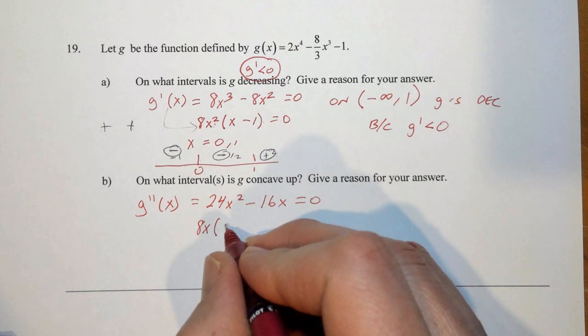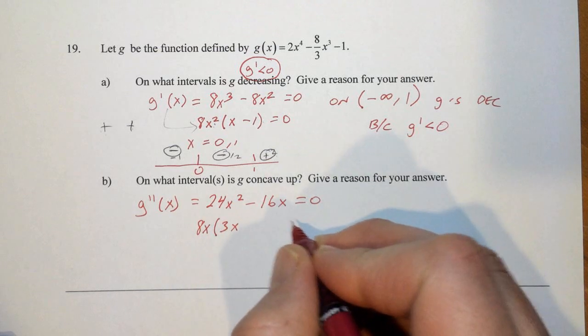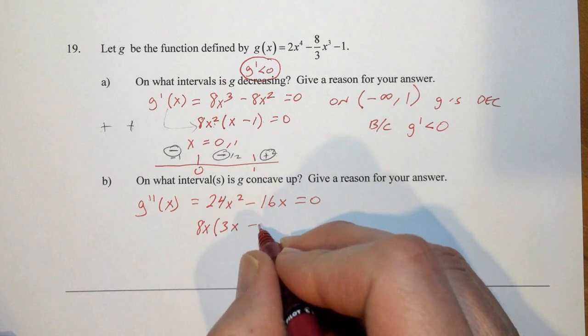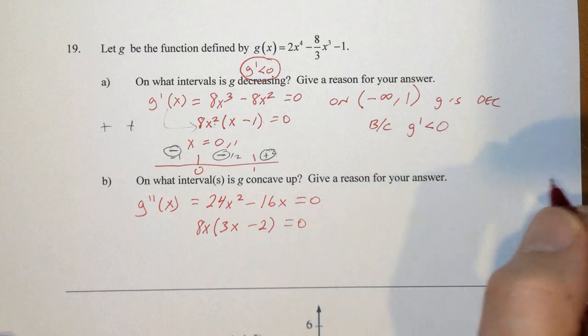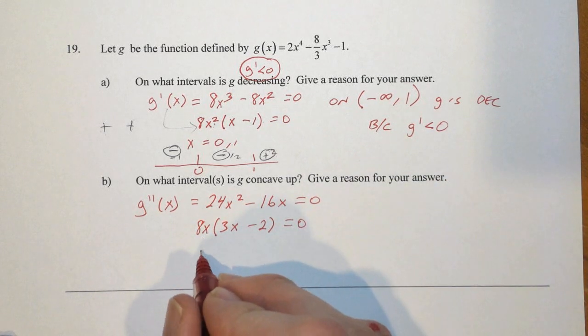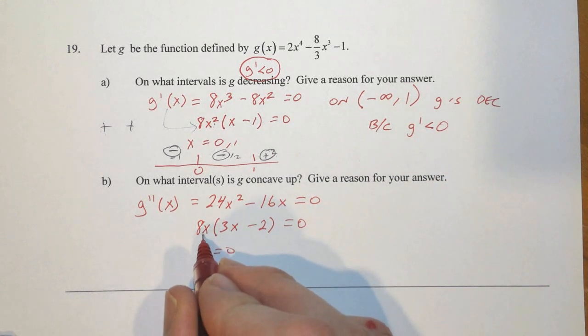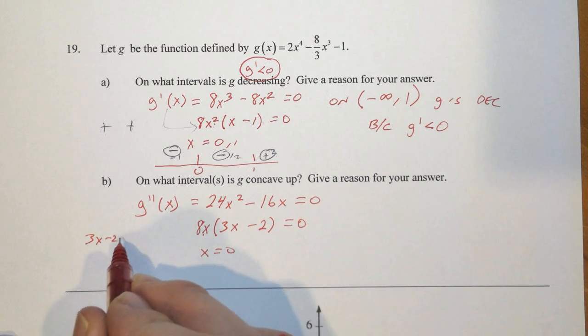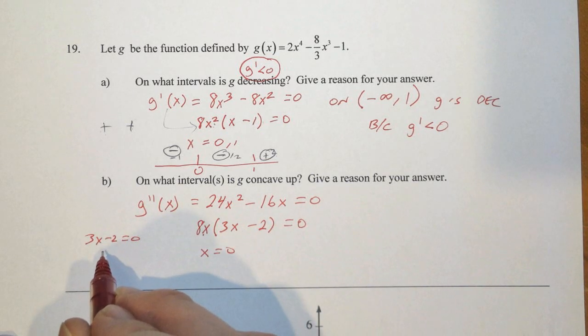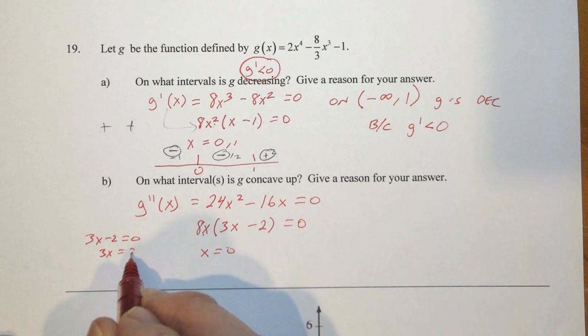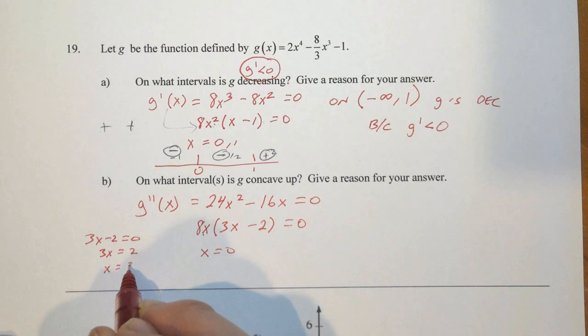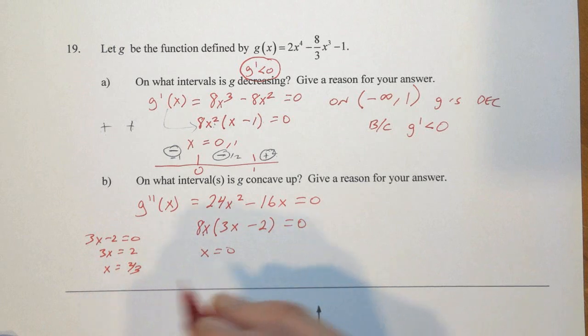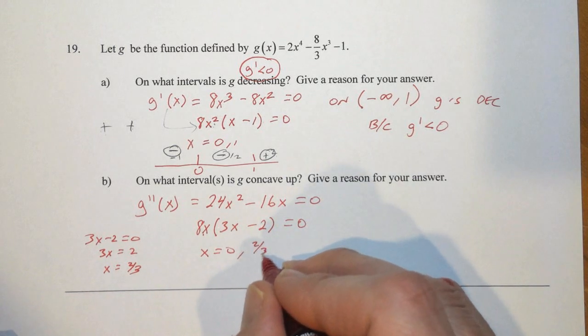If we pull that out, we have 3x, and then 16x divided by 8x is 2, so that's equal to 0. If x is 0, this is 0, and then we have 3x minus 2 equal to 0, so add 2 to both sides, divide by 3. 2/3 is our other possible point of inflection.